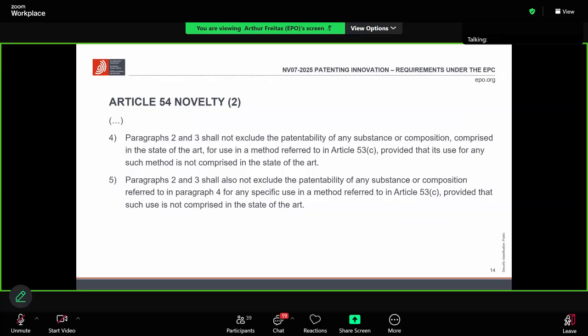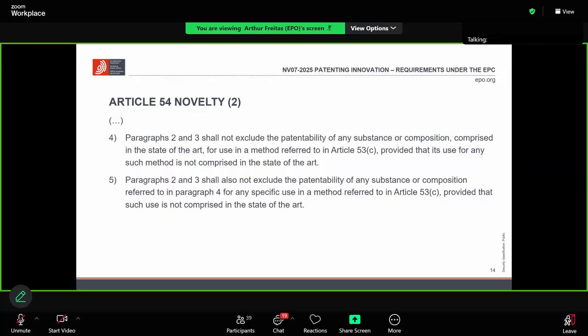At some point, Bayer discovered that aspirin could be used as a pain reliever, so they can file for a patent. Aspirin was well known, so aspirin was not novel. But for the first medical use of aspirin, Article 54.4 essentially restores novelty.